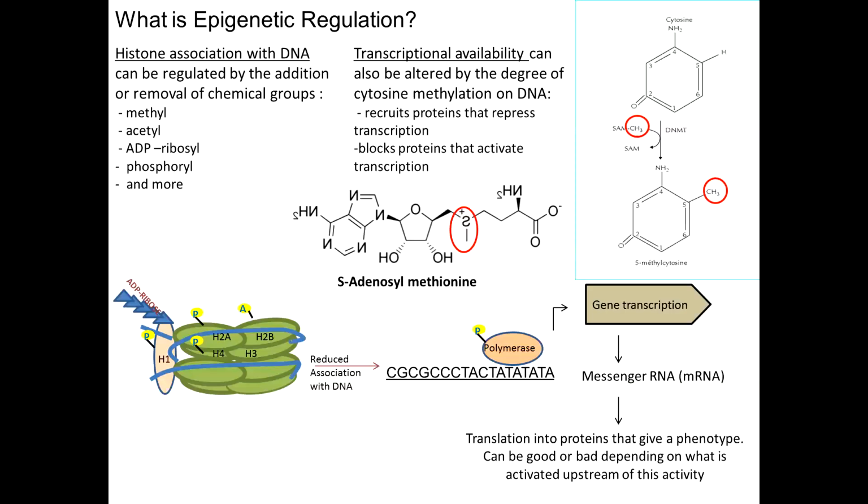The problem is figuring out which genes are going to have an increased association with histones or decreased association with histones with respective environmental stimuli, and the same thing for methylation of DNA. That's something we're still trying to work out.